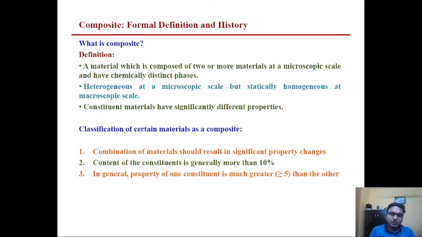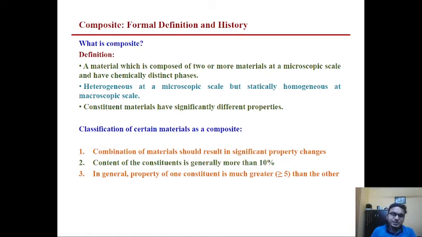In very simple language, when we mix two or more materials together which have different chemical phases, by naked eye they will look homogeneous, however at microscopic scale they are heterogeneous.